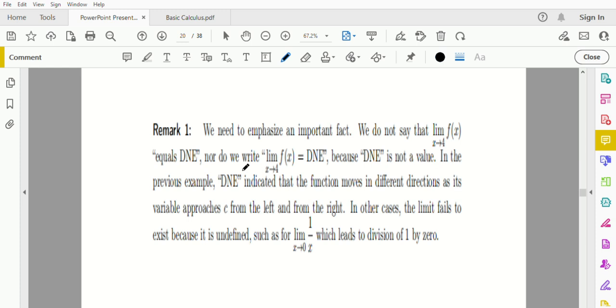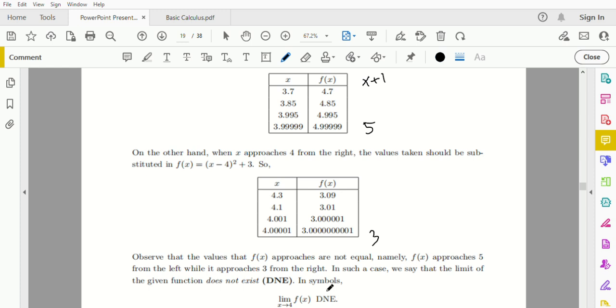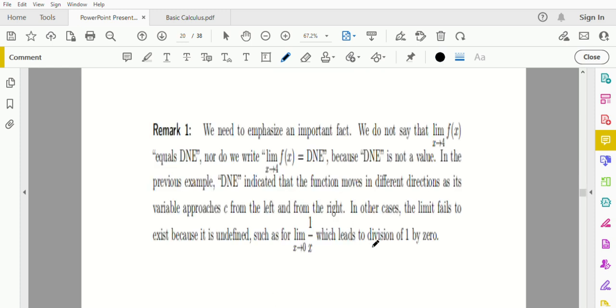Do not write that the limit equals DNE, because DNE is not a value. Just write it like this, does not exist.